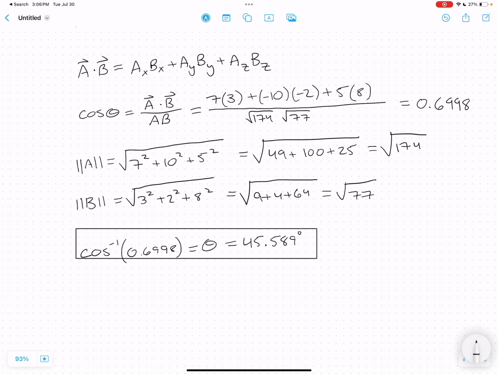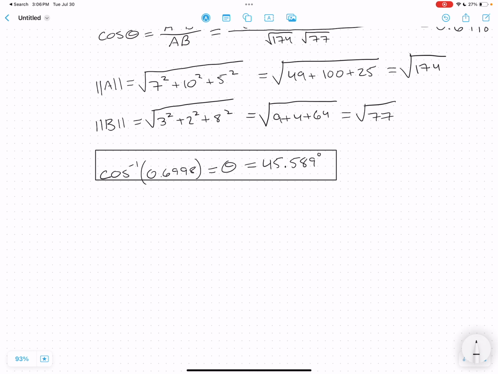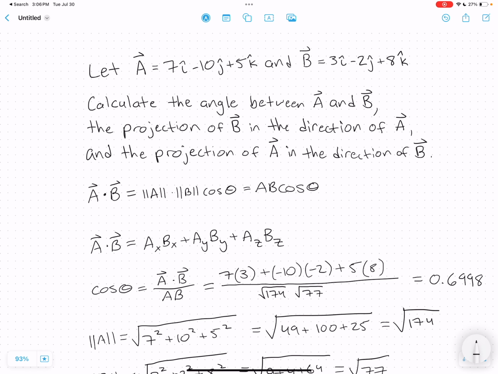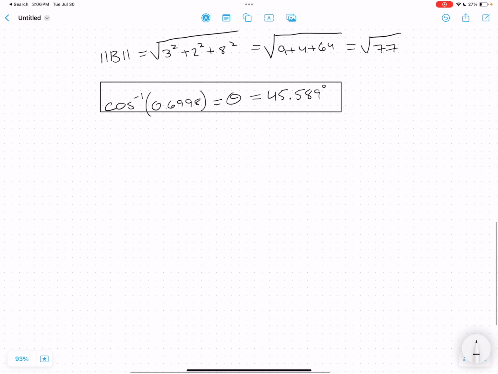My writing is not very straight, but that's okay. Now we can calculate the projection of B in the direction of A. Let's imagine some vectors here, a contrived example.